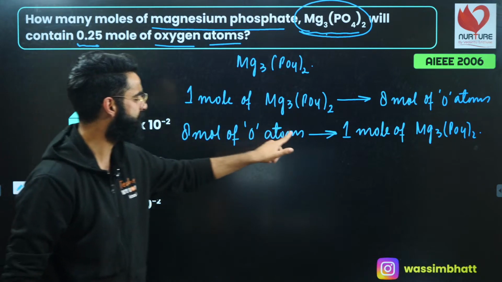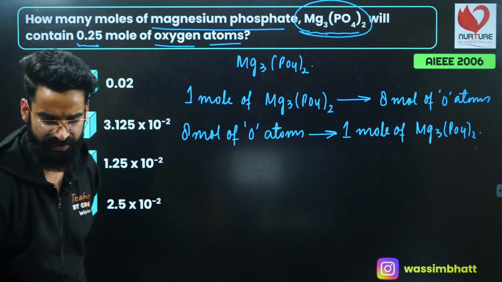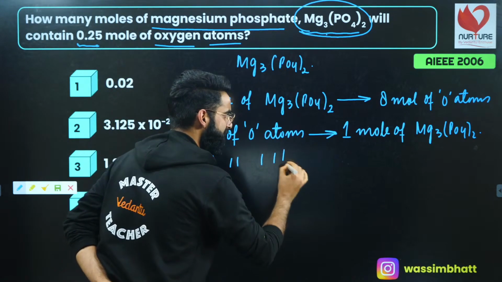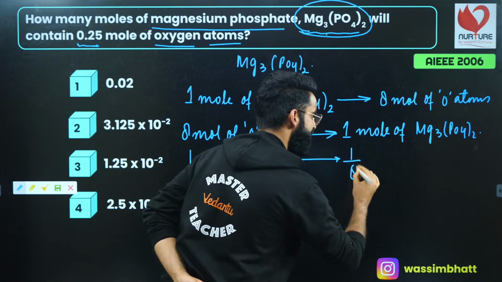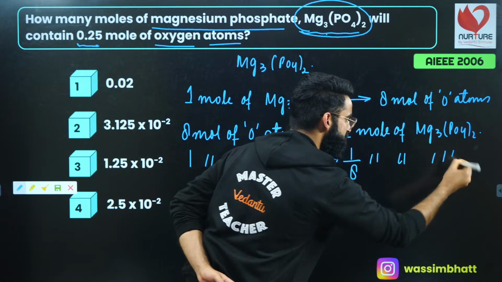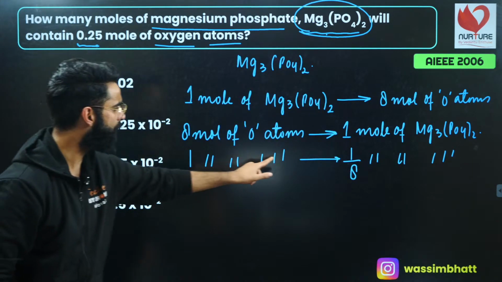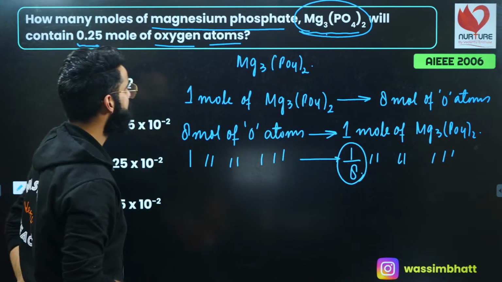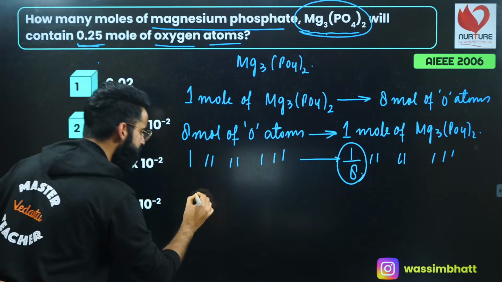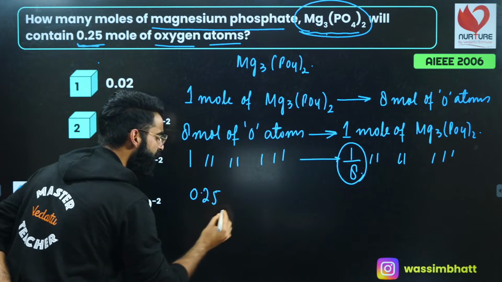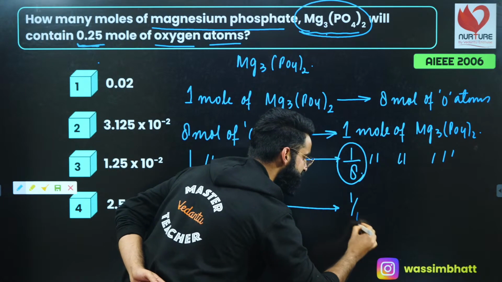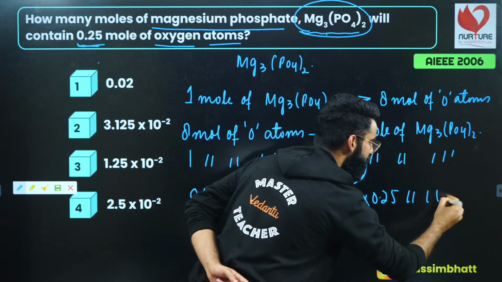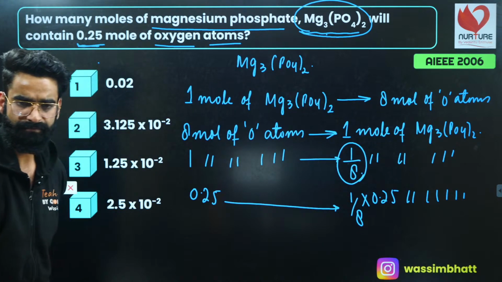Can I say 1 mole of oxygen atoms will be present in 1 divided by 8 moles of magnesium phosphate? So I can clearly say, using the unitary method, 0.25 moles of oxygen atoms will be present in 1 by 8 multiplied by 0.25 moles of magnesium phosphate, right?